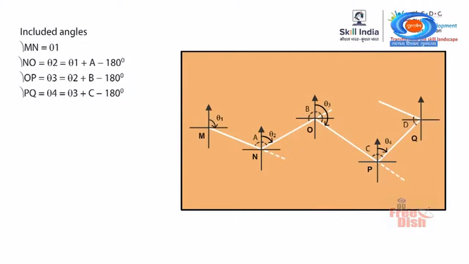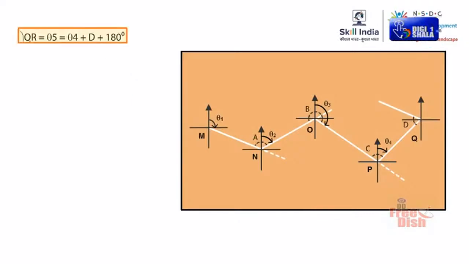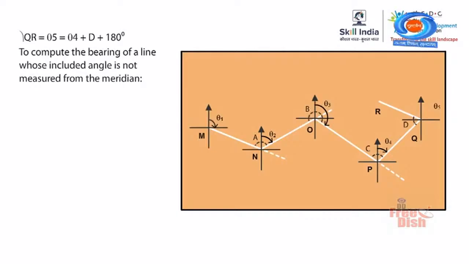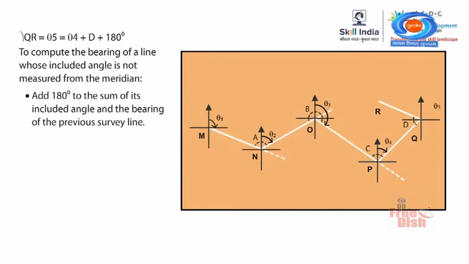However, to compute the bearing of the survey line QR, that is theta 5, we have to use the formula theta 4 plus D plus 180 degrees. 180 degrees are added rather than subtracted to compute the bearing of a line whose included angle is not measured from the meridian from which the bearings are to be computed.